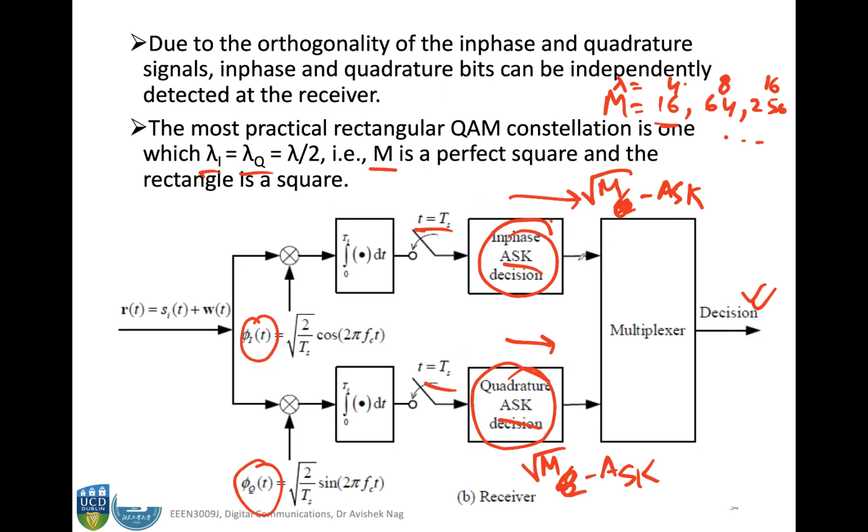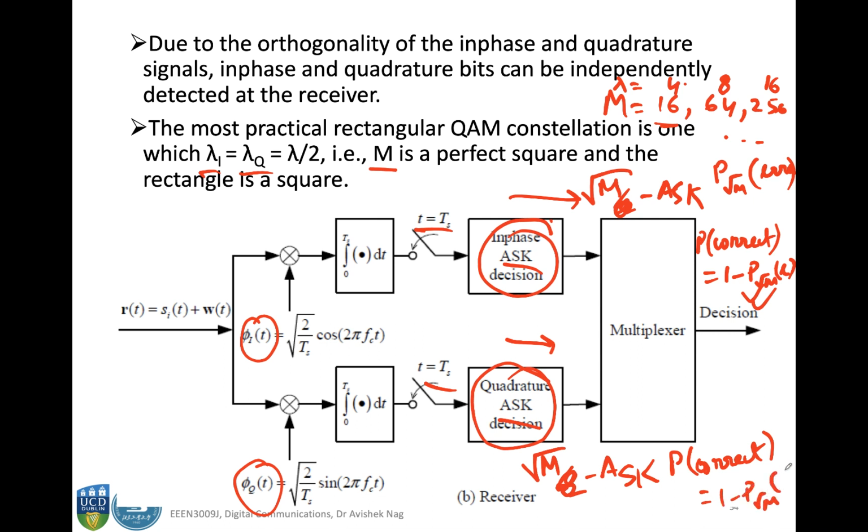independent arms here, so this part will give you a probability of error like this. So probability of correct from this section is 1 minus this, and from this section is also 1 minus the error.